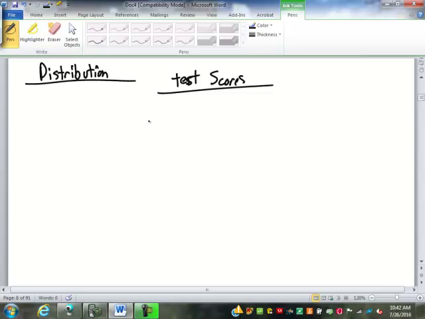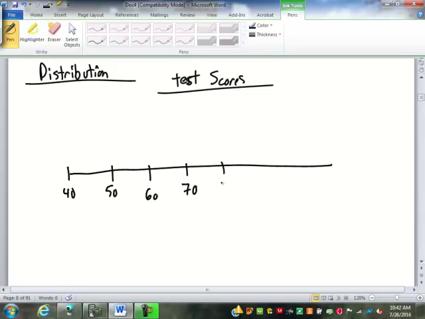Let's say I give the same test at the end of the class every year. And the scores range, let's say the lowest score I ever get might be a 40, ranging up to 100, a perfect score.